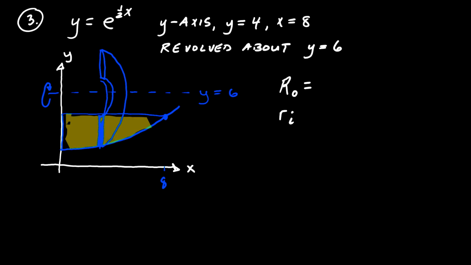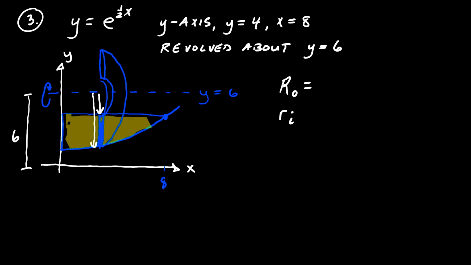The only thing you're worried about is the ability to identify the outer radius and the inner radius. So in this case, I'm just going to go straight from my picture and look at a perpendicular distance from our axis of rotation to our slice, and again, the same thing to the outer edge of our slice. So we just have the inner edge of the slice and the outer edge of the slice. And then you'll notice that our distance from that axis of rotation to the x-axis was 6.